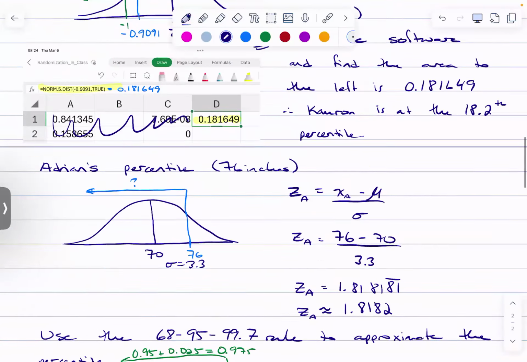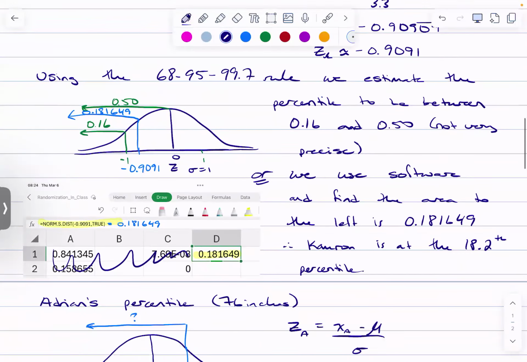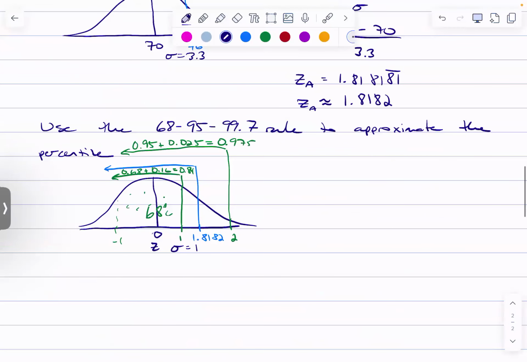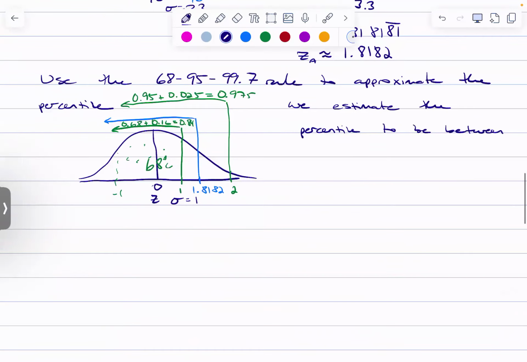But how did I phrase it before? We estimate the percentile to be between 0.84 and 0.975. Or we can use software.